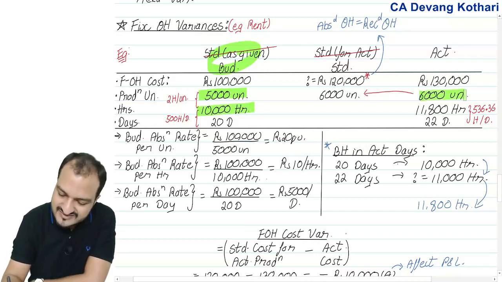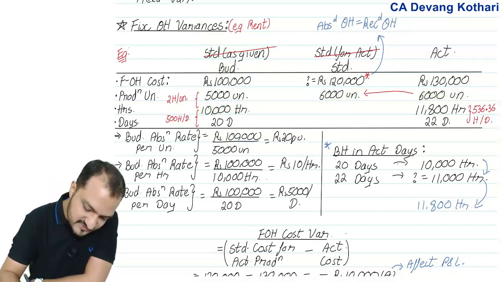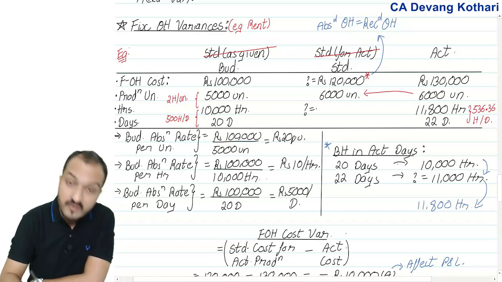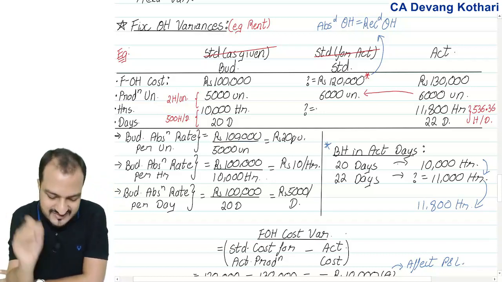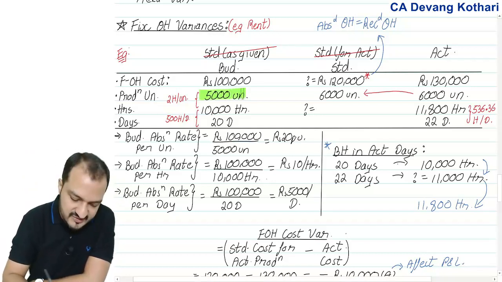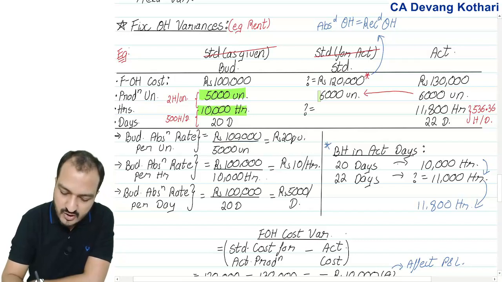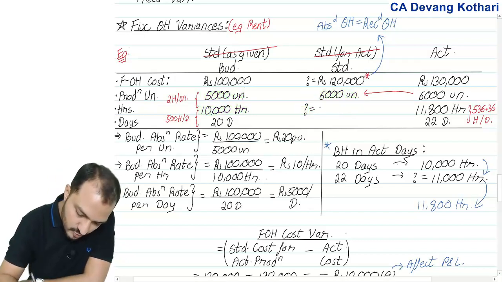You have actually made 6,000 units. So think, that 6,000 units should have taken how many standard hours? If standard hours is 10,000 for 5,000 units, then for 6,000 units your standard hours should have been 12,000.